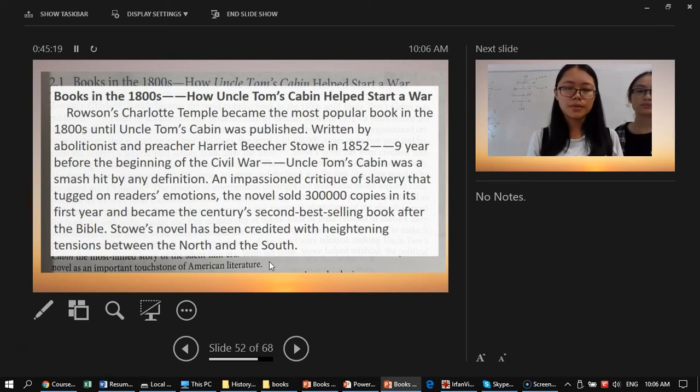Uncle Tom's Cabin was a smash hit by any definition, an expressive critique of slavery that tugged on readers' emotions. The novel sold 300,000 copies in its first year and became the century's second best-selling book after the Bible. Stowe's novel has been credited with heightening tensions between the North and the South.